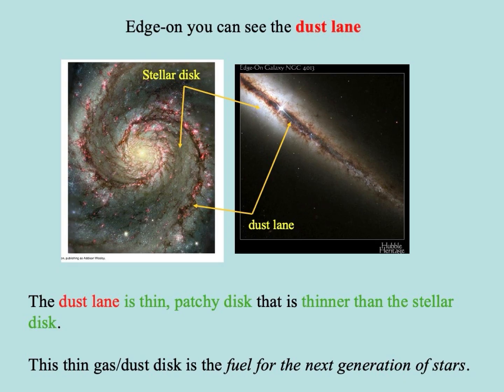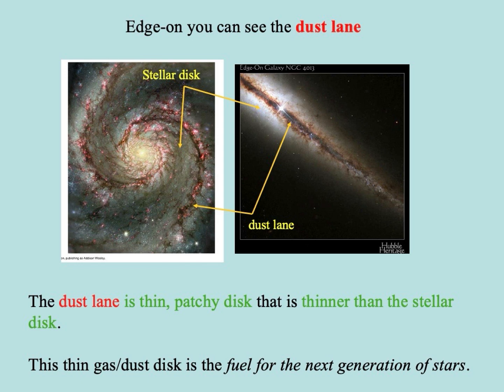Here is another spiral galaxy, similar to the Milky Way, seen from two different views. The first image shows it face on, with the spiral arms visible within the stellar disk. The second picture shows the galaxy edge on, meaning that you're looking at it from the side.